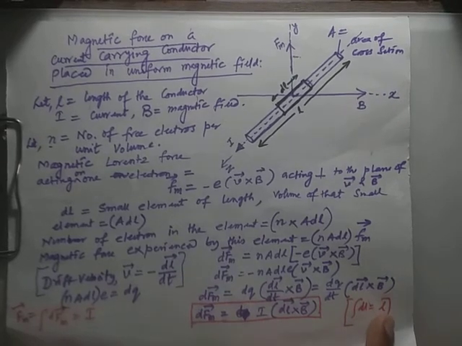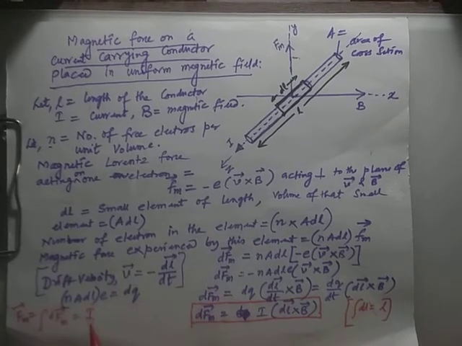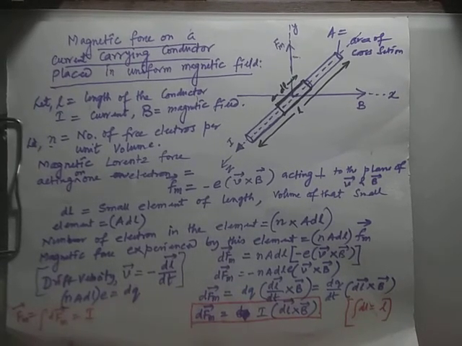So dl will integrate to L. So you can write I, then integration dl vector cross B vector. Also you can write I in bracket L vector cross B vector.